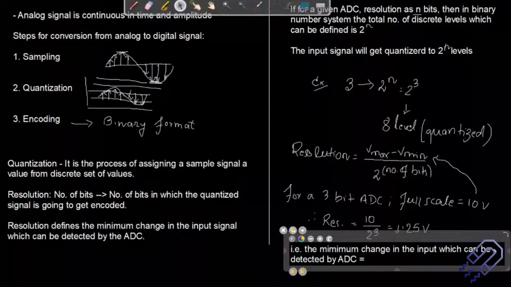This is the resolution. Imagine the voltage changing along this direction. If it changes by, let's say, 2 volts, it can be detected by the ADC, but if it is 1.25 volts or less than that, it cannot be detected.